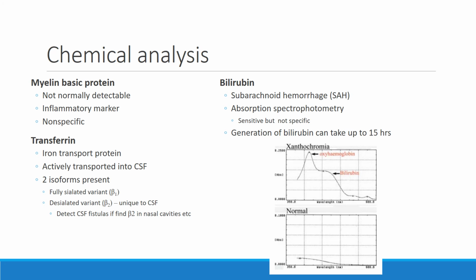The beta-2 variant is unique to the CSF, so you won't find it in the plasma. So basically what we do, believe it or not, is we test for the presence of the beta-2 transferrin, that specific one, in the cavities and those areas outside of the brain.